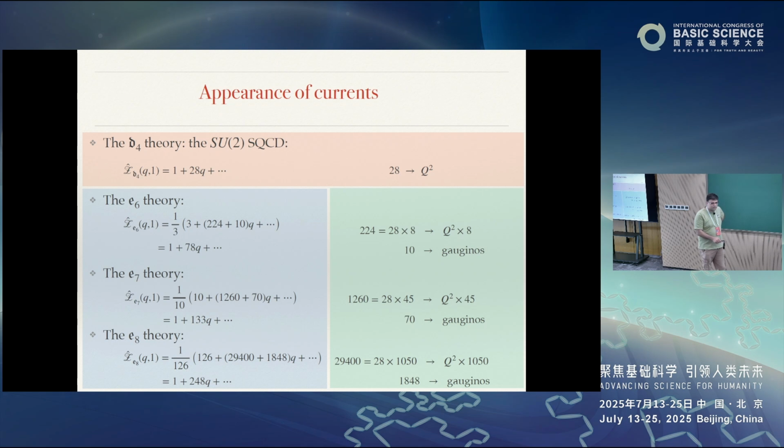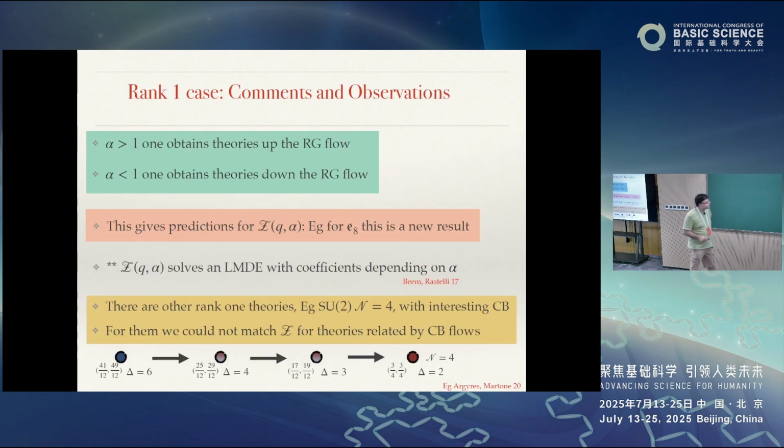Some of them come from gauginos, when you actually perform the computation. So for me, it's a little bit of magic how you obtain this 78 and 133 and 248. I don't understand why you get them. I just observe that you get them. So it's an interesting question, why do you get these numbers exactly? How does this D4 theory know, in a sense, that it comes from something with a bigger symmetry?